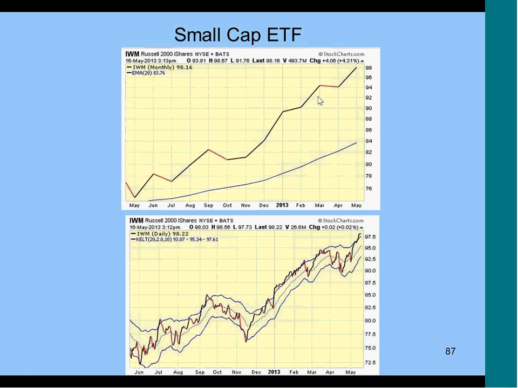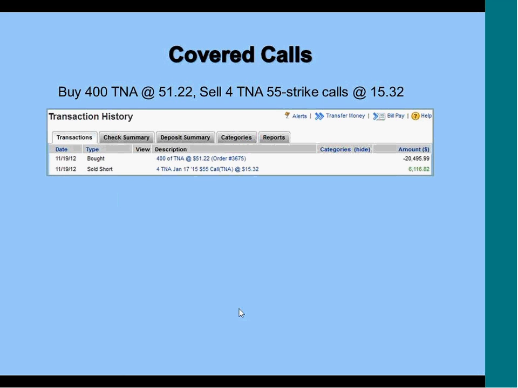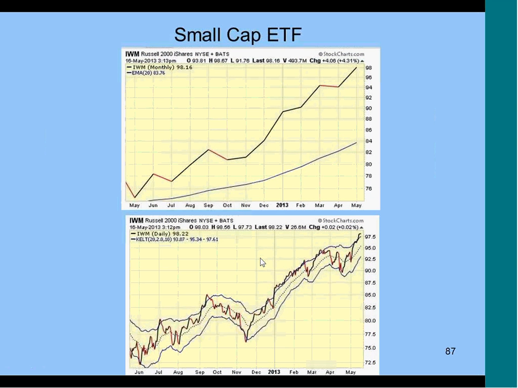So what I did is I bought 400 shares of the TNA, which is the leveraged small cap ETF, at 51.22, and then I sold the 55 strike calls at 15.32. These were LEAPS options. So I waited for that retracement in the price and waited till the ETF became oversold, and then entered this market with a covered call trade.